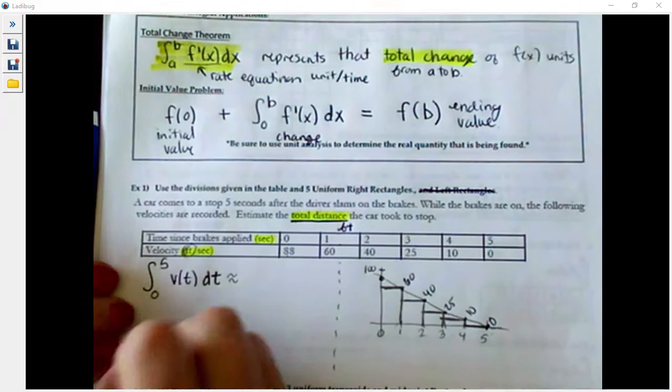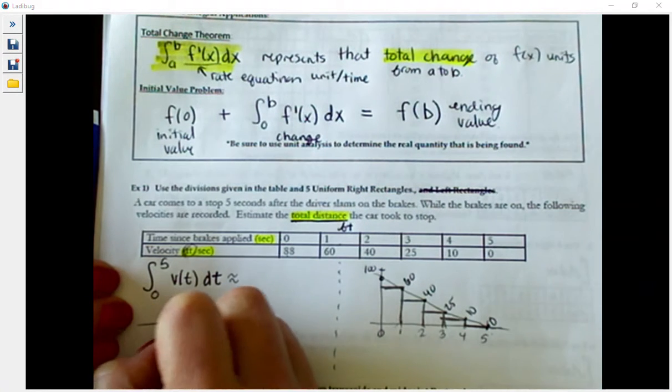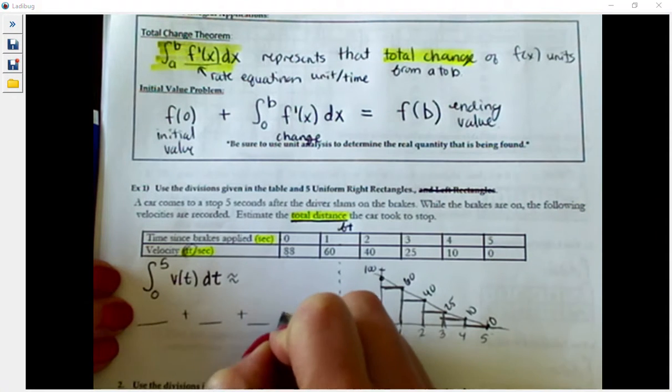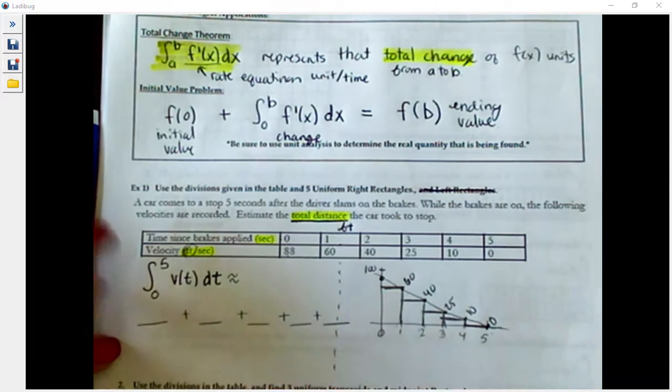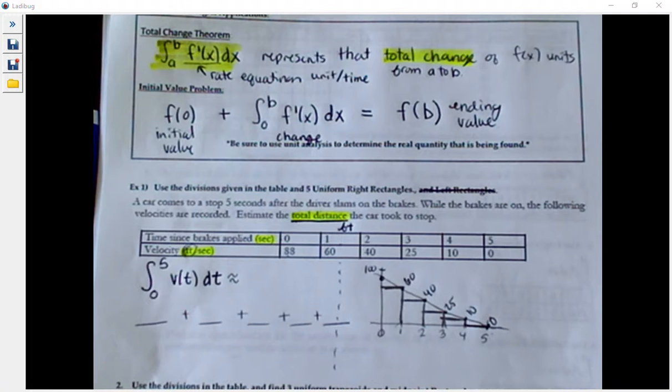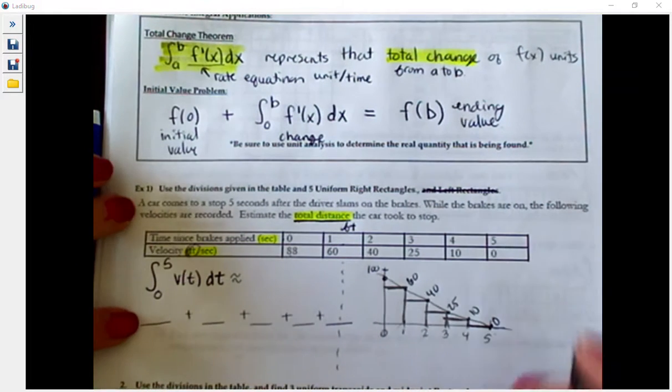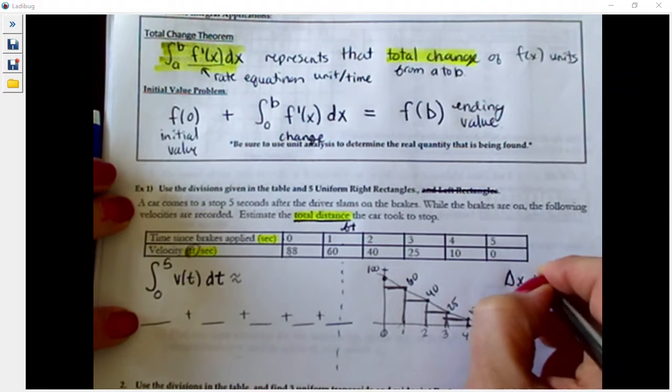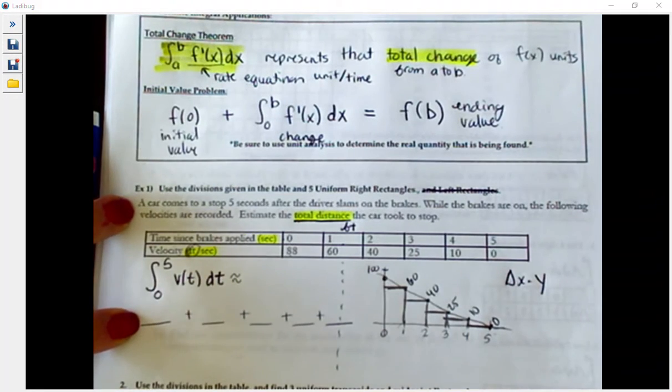Approximately 1, 2, 3, 4, 5 rectangles. Write down the area of each. I'm just jotting down my area formula.